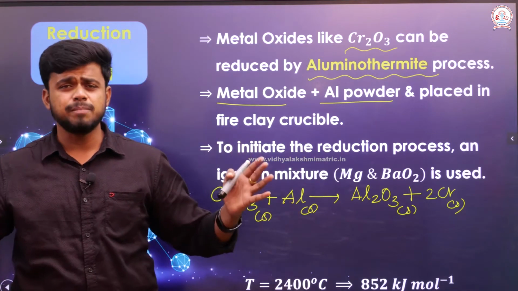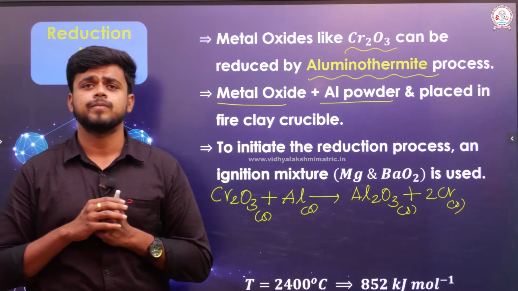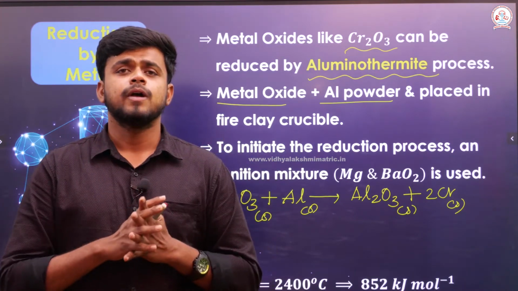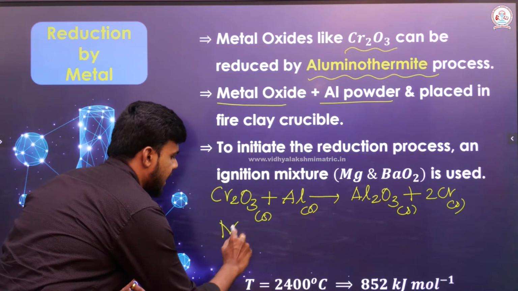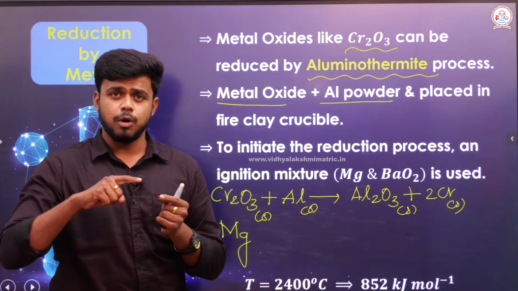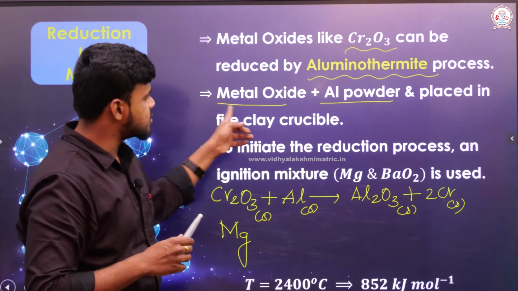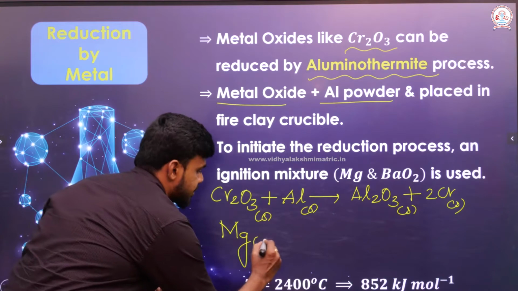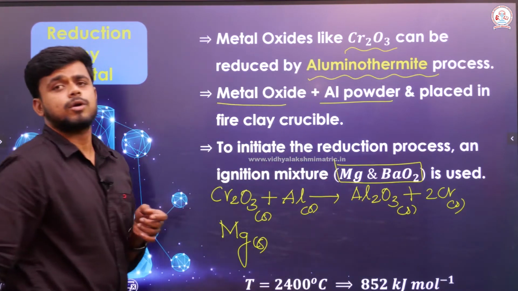Somehow I should manage to get that much heat, I should generate 2400 degrees Celsius. So what do I need to do? I have to place a magnesium ribbon and barium peroxide over this mixture of metal oxide and aluminium powder.